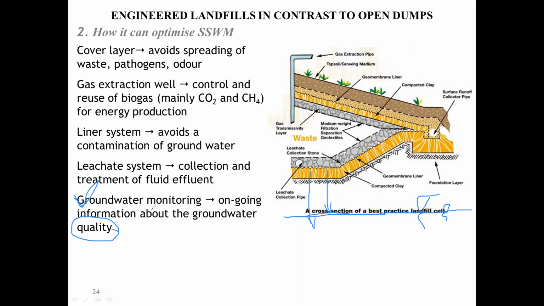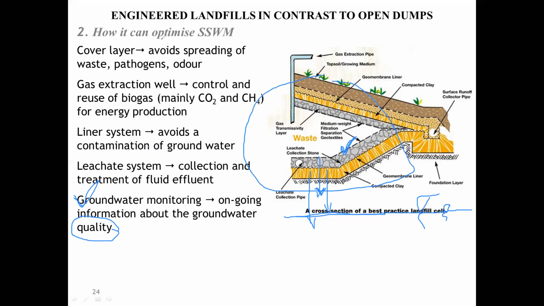Hence, we do monitor in the engineered landfill. We have applied an engineered system, but we don't know at what point, because of some unseen circumstances, there might be a failure, because of which the leachate might percolate into the ground. So we monitor the groundwater so that we can understand whether there is any leakage or contamination because this landfill has been taken up in the area.